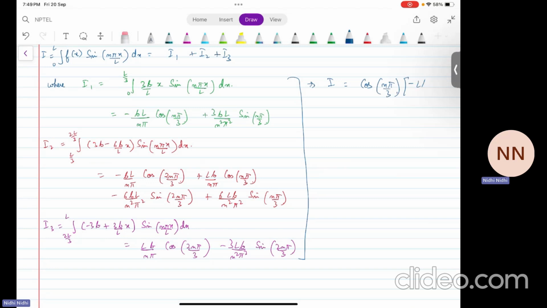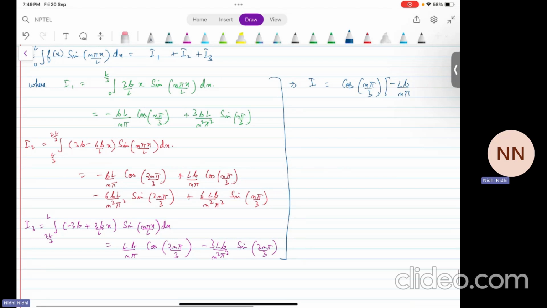They are minus lb by n pi, cos n pi by 3 is plus lb by n pi. Then the coefficient of cos 2n pi by 3, so it is minus lb by n pi plus lb by n pi.